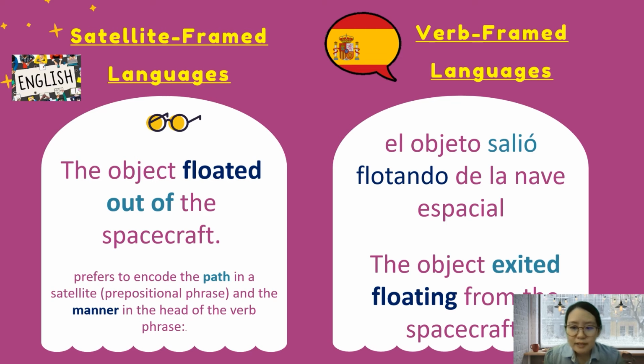Since Spanish prefers verb framing, in the Spanish translation, el objeto salió flotando de la nave espacial, literally, the object exited floating from the spacecraft. The verb that is the head of the verb phrase, salió or exited, encodes the path. The verb flotando or floating encodes the manner.